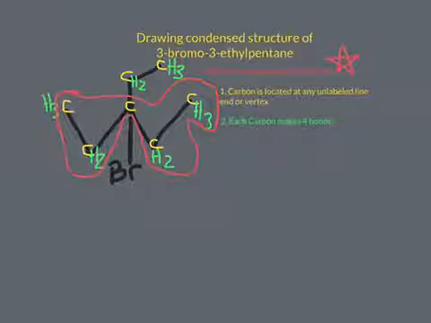First, write out the hydrocarbons in your parent chain. Next, add in your substituents off of the correct carbon, which we remember is carbon number 3.